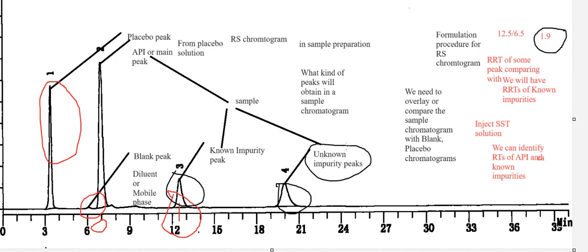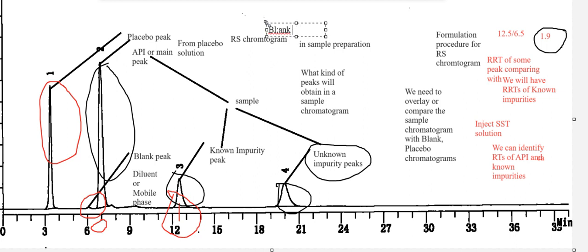By comparing the sample chromatogram with the blank chromatogram and placebo chromatogram, we can distinguish the blank and placebo peaks, and we can name them as blank and placebo peaks. These blank and placebo peaks will not be considered in the calculation part.